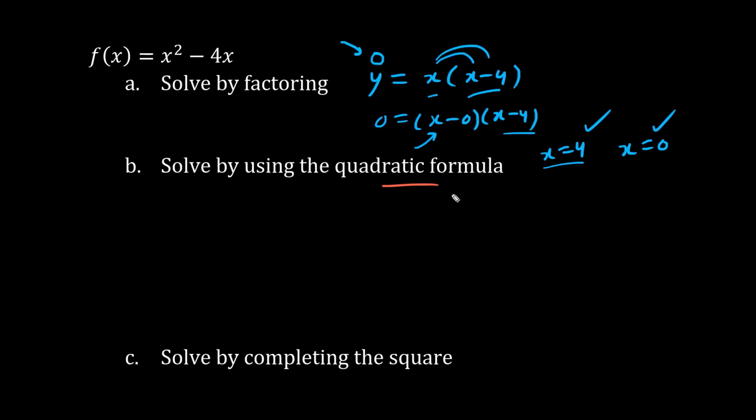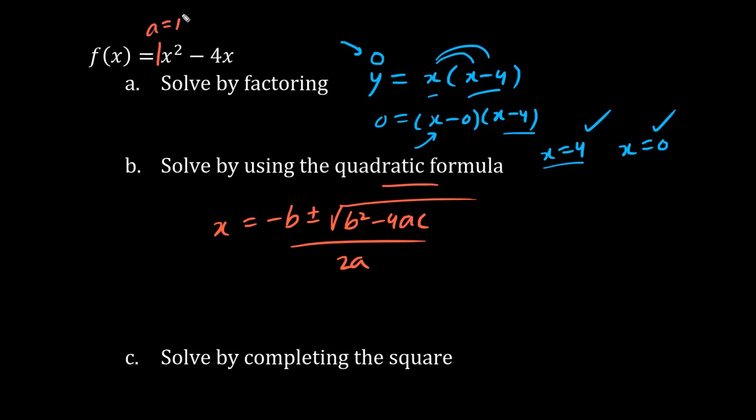Let's now solve using the quadratic formula. X equals minus b plus minus the square root of b squared minus 4ac all over 2a. For this a value, we have a equals 1, and the b value is negative 4. Plus 0, c is the constant 0.